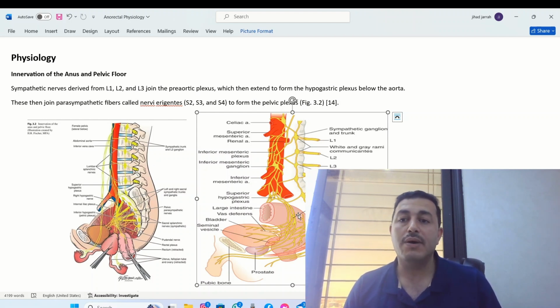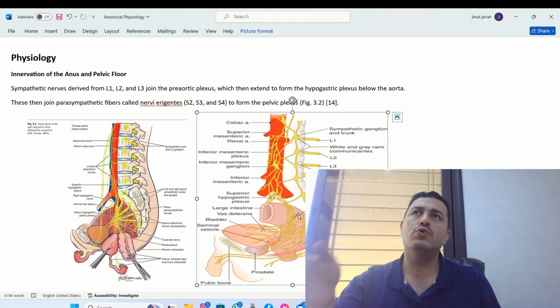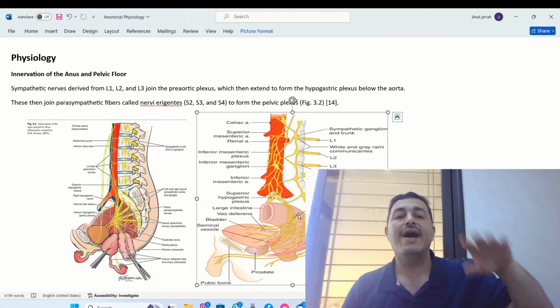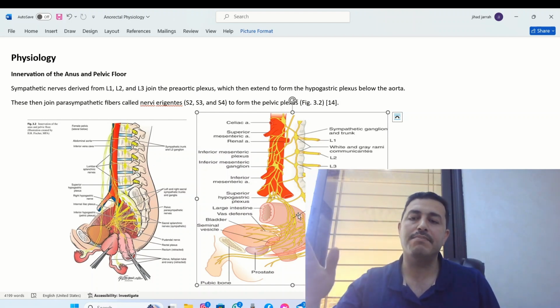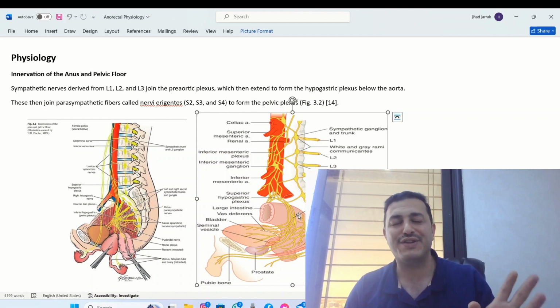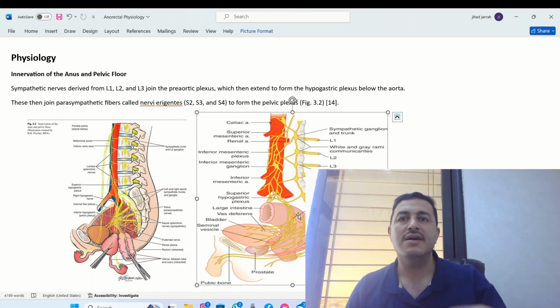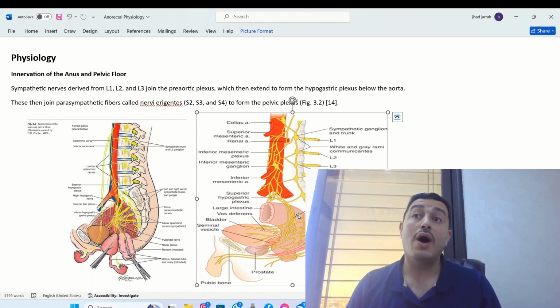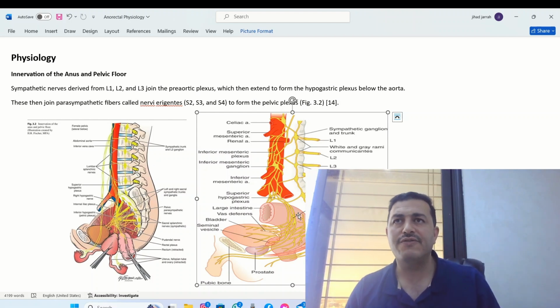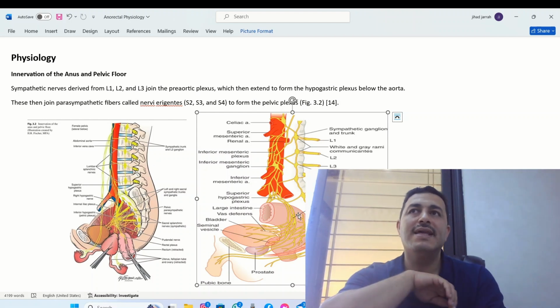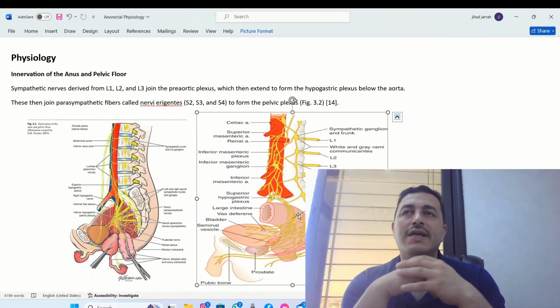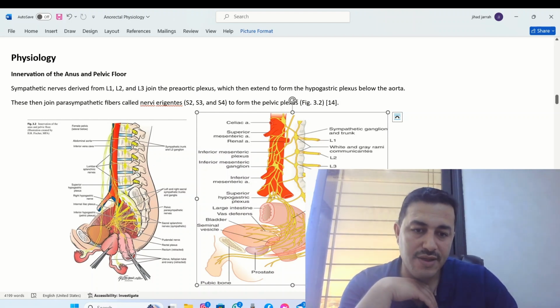If we are talking about the sympathetic, it is from L1, L2, L3, L4, L5. For example, the sympathetic innervation to the internal anal sphincter is from L5, while the parasympathetic innervation is from S2 to S4, and they are actually called nervi irrigantes. Here they are.